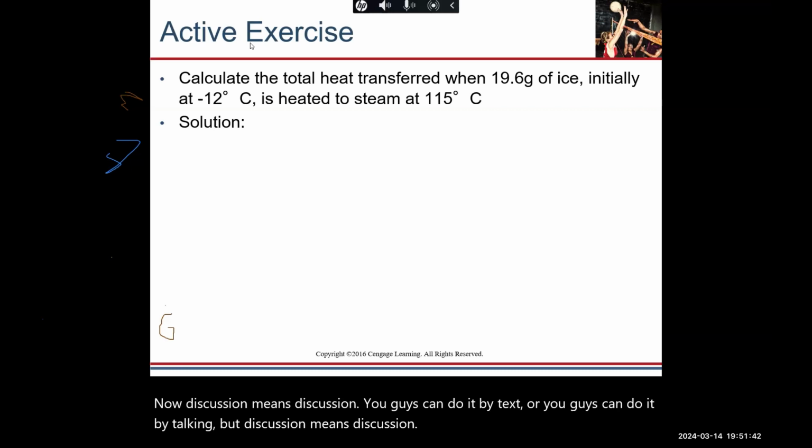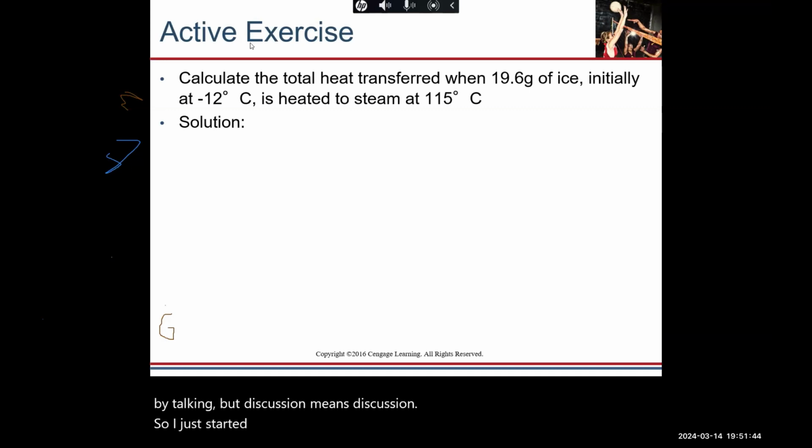So I just started with looking at the graph and seeing how many times you have to use the different equations, and that's what I'm writing down to make it easy, I guess. So for the first equation, I got 19.6 times 2.06 joules over grams times degrees Celsius times 12 degrees Celsius, if anyone else got that.